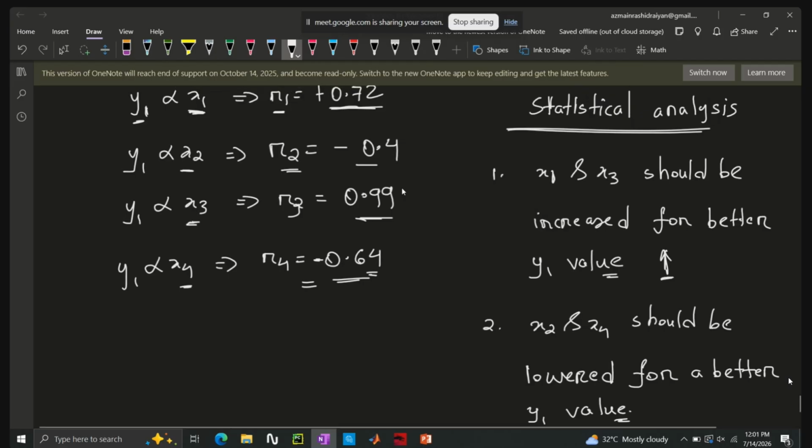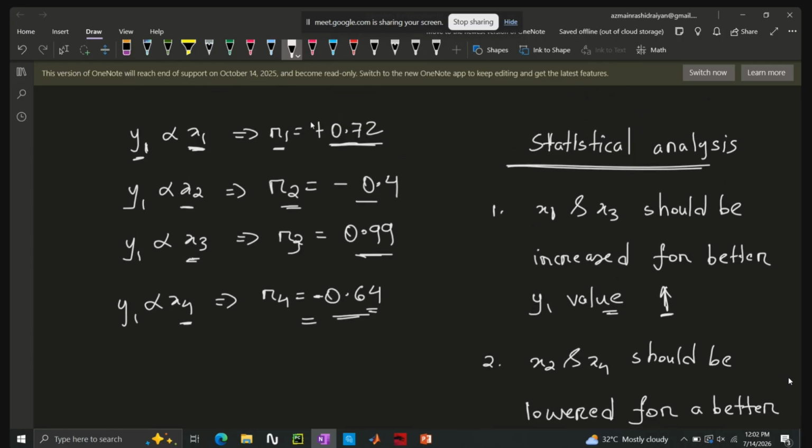What is the other thing that I want to conclude from here? Another thing is that, as I'm already done with the sign convention, now let's look at their magnitudes. So from these four values, what do you think? Which input parameter is the most impactful one or the most critical one? R3. Yes, R3, because it has a very strong correlation of 0.99.